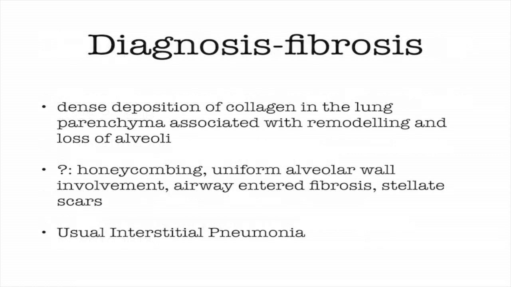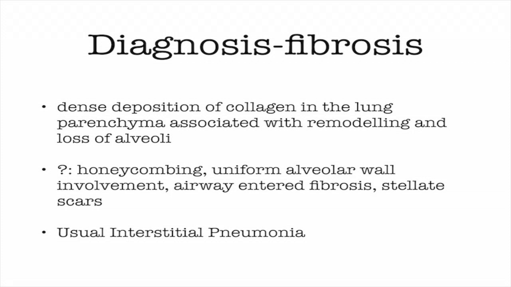The second category, fibrosis, speaks for itself. You are going to see dense deposition of collagen in the lung parenchyma, but it will be associated with remodeling and sometimes loss of the alveoli. Additionally, it may come with honeycombing.